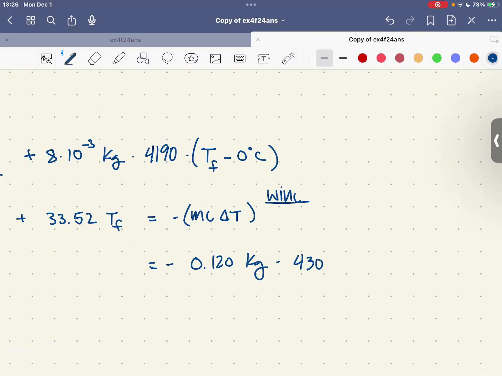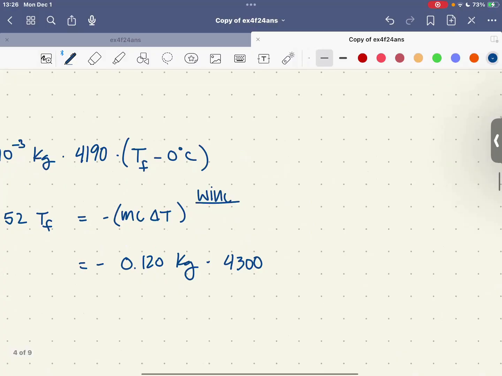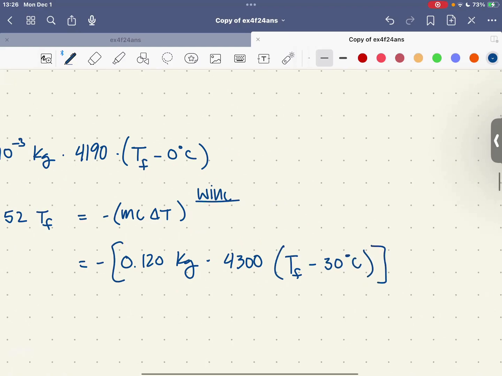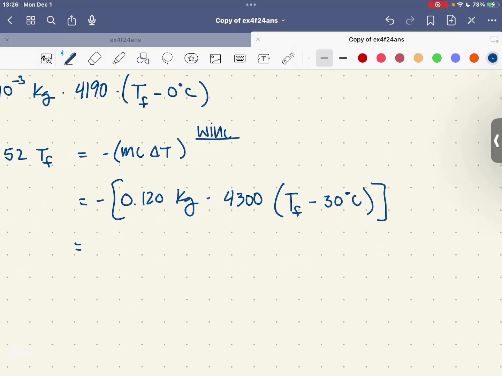It's actually 4,300. And then we have delta T, so T final minus T initial, which was 30 degrees Celsius. Okay, and let's multiply everything out. So we actually have 516.